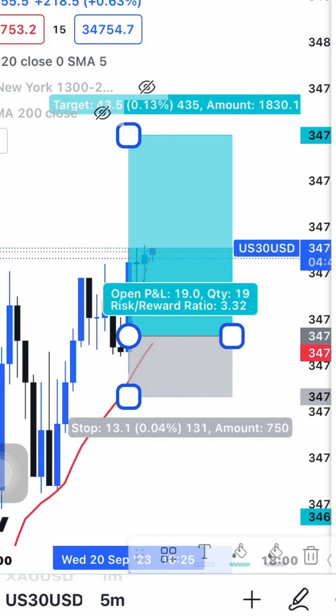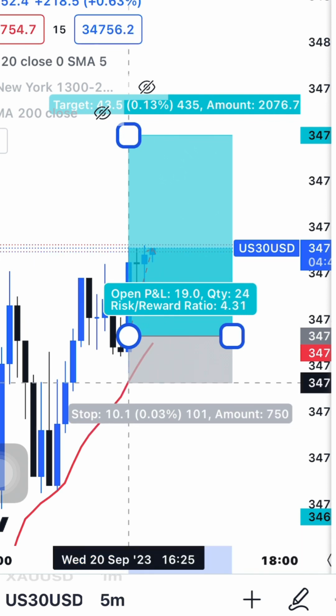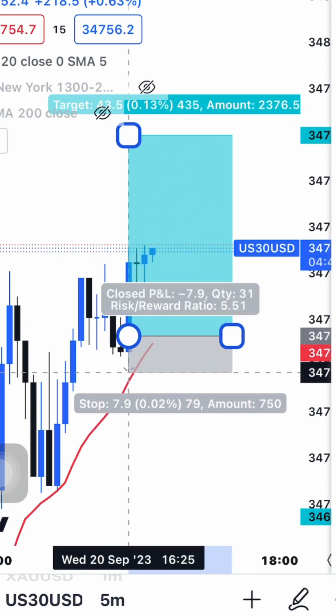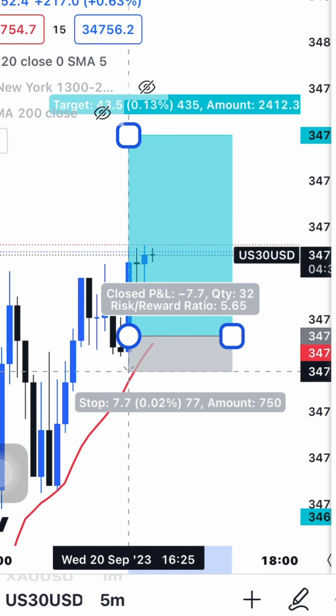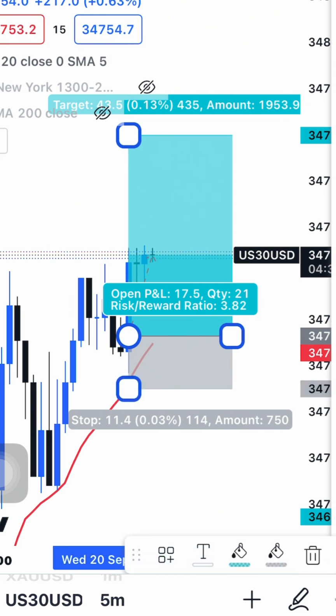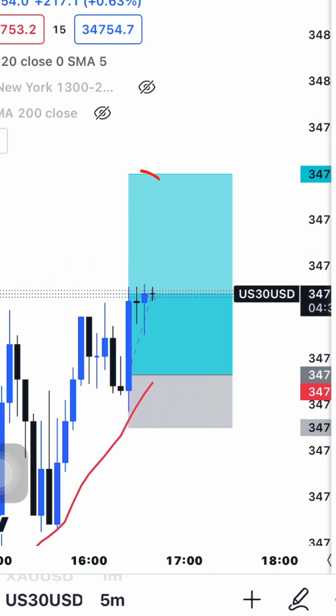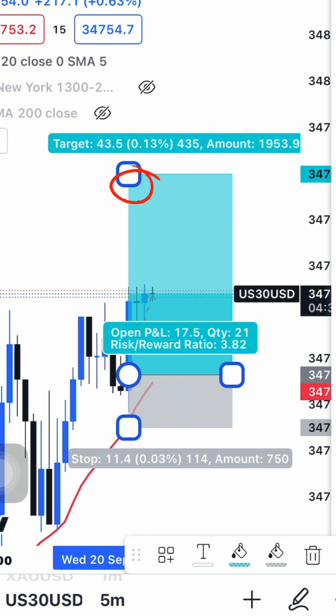And then when you increase it or decrease it, you can see that the number is also decreasing. As you can see, 7.7, which is 7 pips. And then when you go to the take profit or the profit target, which is 43.5, that's also 43 pips.